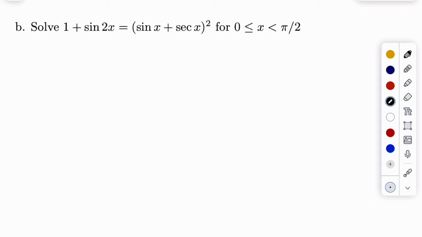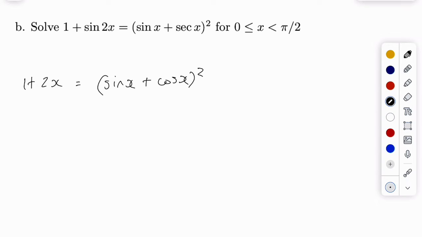Now for number B, we just have to use the information from number A to solve this question, because it's actually simpler than we think. So if we take a look here, firstly, 1 plus sine 2x we know is the same as saying (sine x plus cos x) squared.